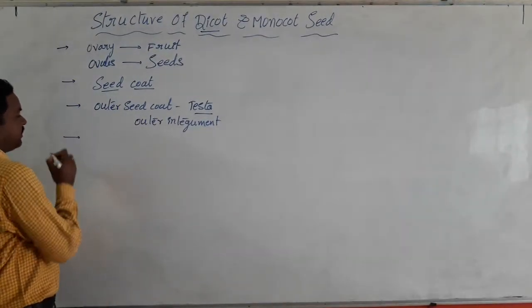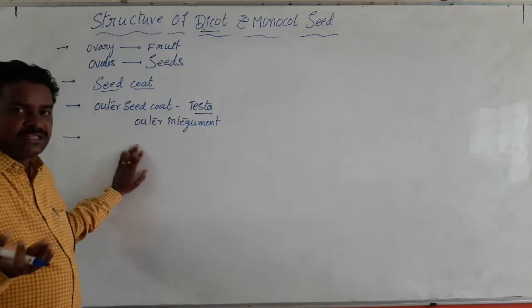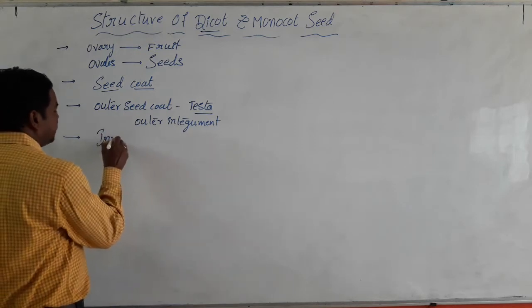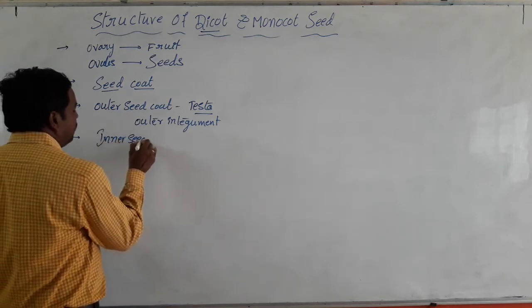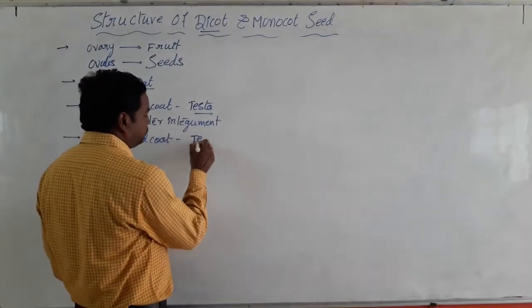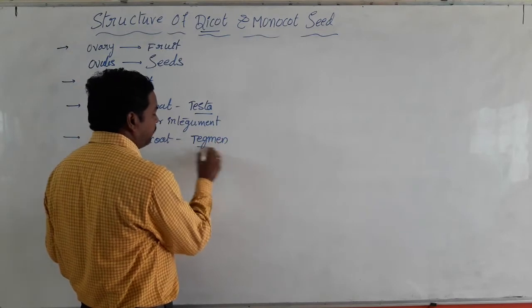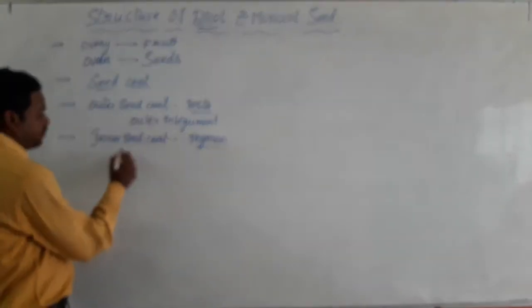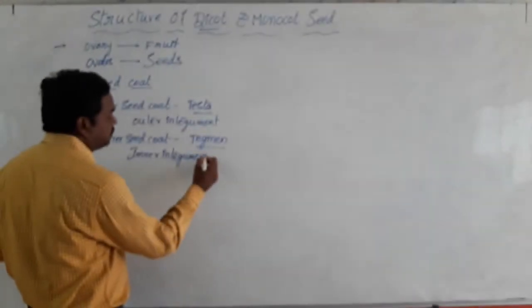Similarly, the outer seed coat is followed by the inner seed coat. This inner seed coat is also called tegmen. The outer seed coat is called testa. The inner seed coat is developed from the inner integument.